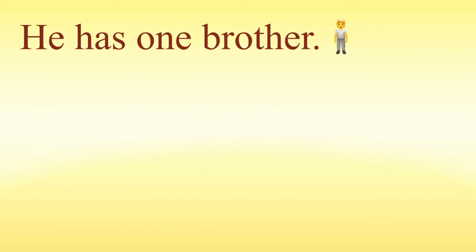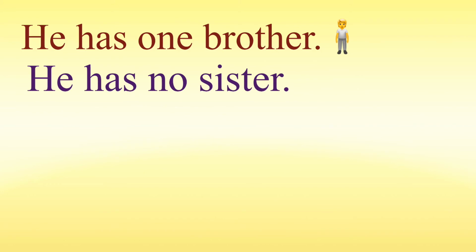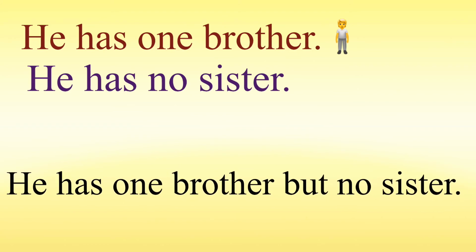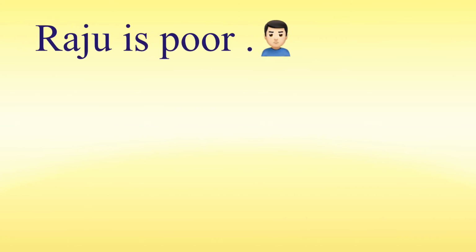See the next example. He has one brother. He has no sister. Now, when we join these two sentences, the sentence would become: He has one brother but no sister. Here again we used the conjunction but. Now look at the third example. Raju is poor.